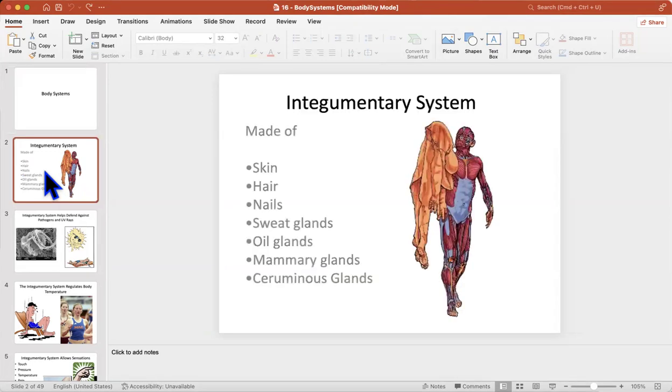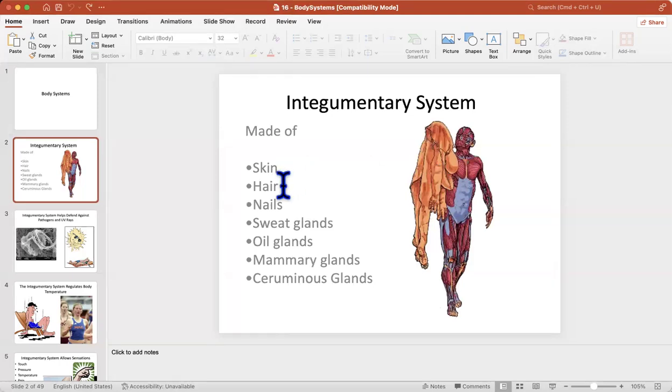The first one is the integumentary system. The main component is your skin. Your skin is not just a piece of paper. It weighs about 4 kilograms and is 2 meters by 2 meters square. So a lot of structures exist in your skin.